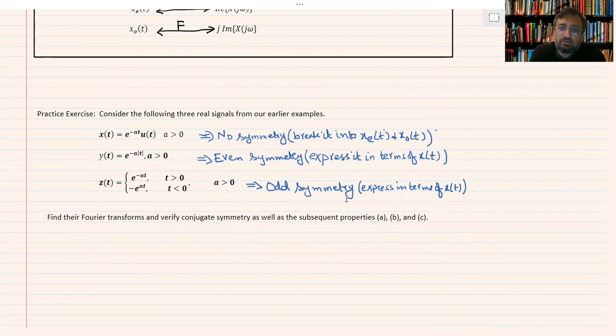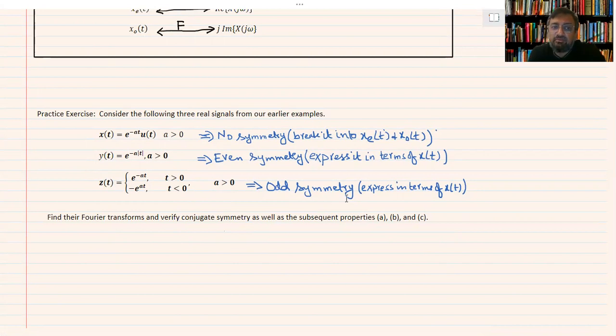x(t) has no symmetry. We can break it down into its even and odd parts. y(t), you will notice, has even symmetry. We can also express y(t) in terms of x(t). Similarly, z(t) is odd symmetric, and we can express it in terms of x(t) as well.